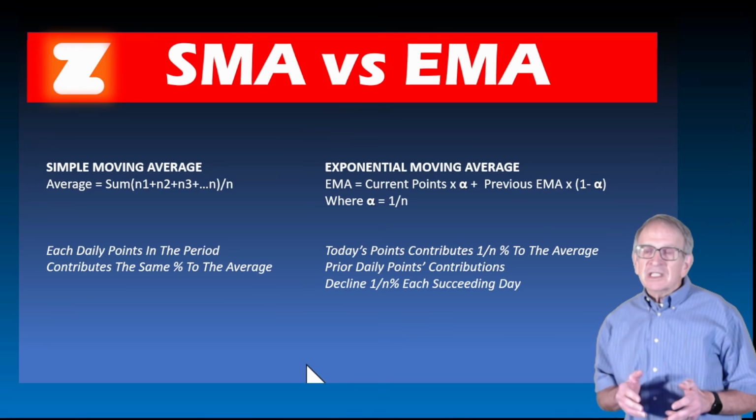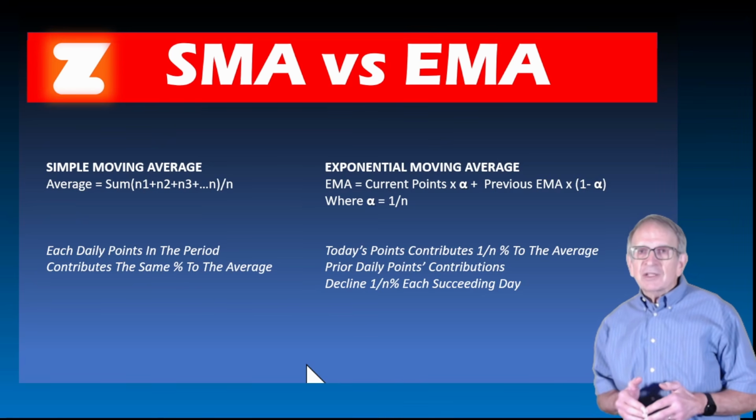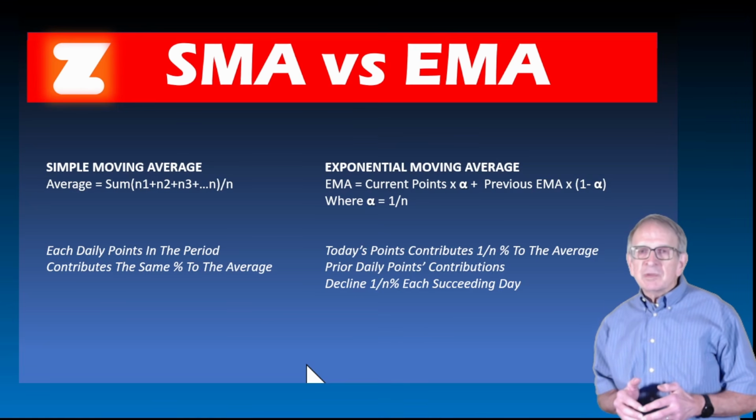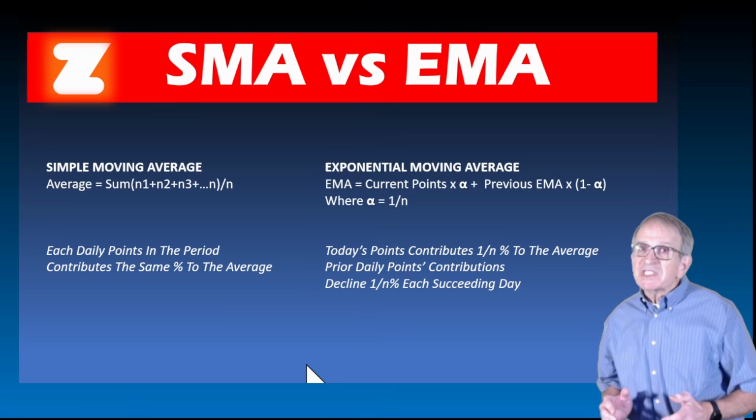So if alpha is 1 over 10, it contributes 10% to the EMA result. But the preceding values contribute to the result at a diminishing rate. And that diminishes by 1 over n percent for each preceding value. So if you're doing an EMA for 10 days, for example, the preceding values contribute 10% less for each preceding day.